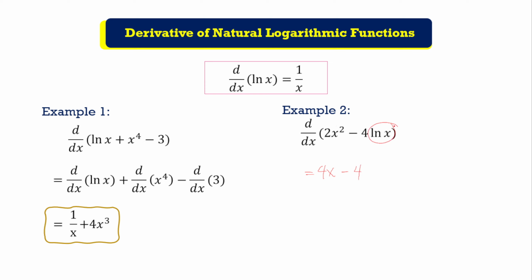Then take the constant 4 out and get the derivative of ln x. The derivative of ln x is 1 over x. Therefore, simplifying, 4x minus 4 times 1 is just 4 over x. So that's the final answer. That's for the natural logarithmic functions.